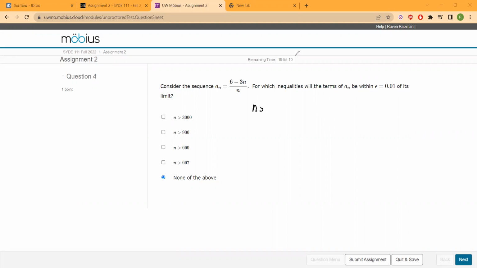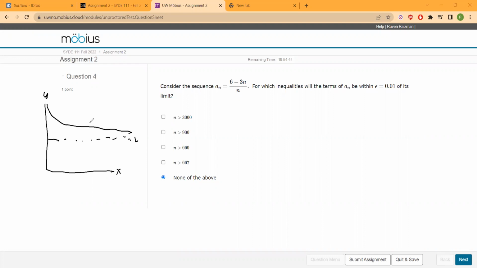So again, if we remember our image, the way we can visualize this is, I'm just going to draw it over here. Here we have our x and y, and over here we have our limit, and then our sequence goes something like this.